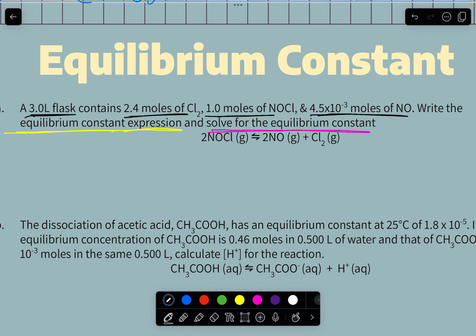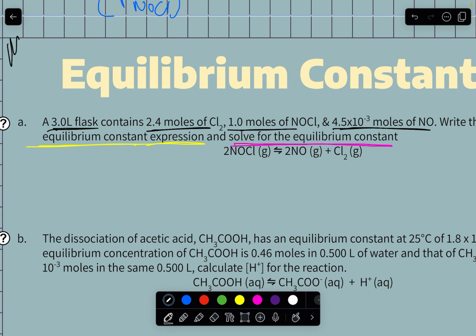All right, so we have two things we need to do here. But first, we're doing equilibrium constant expression. We're doing concentrations. We have moles. We need to find this in concentrations. So remember the equation for molarity. Molarity is moles divided by liters. Okay, so for Cl2, we have 2.4 divided by 3. That gives us 0.8.